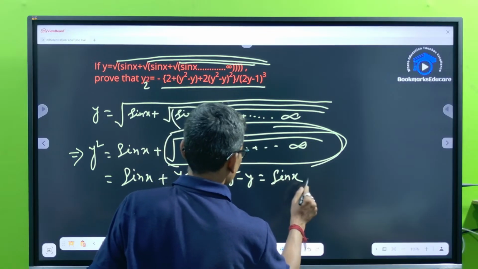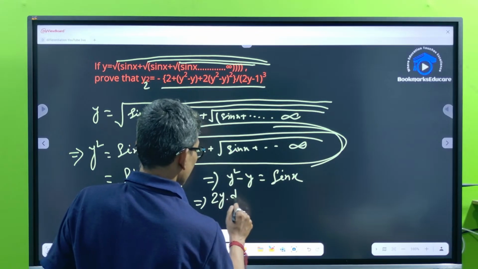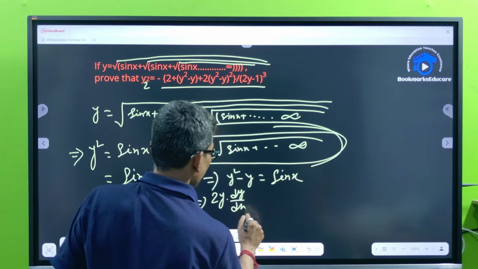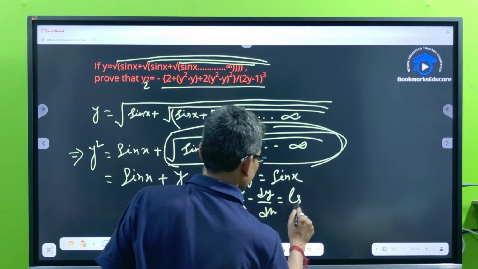So differentiating on both sides with respect to x, 2y into dy by dx minus dy by dx is equal to cos x.